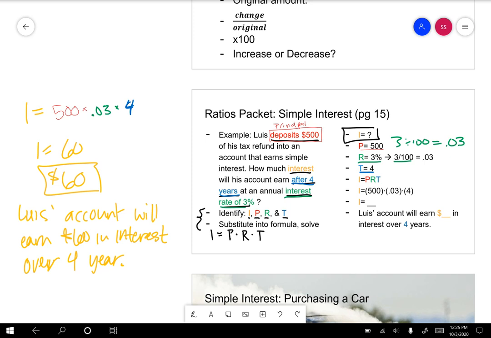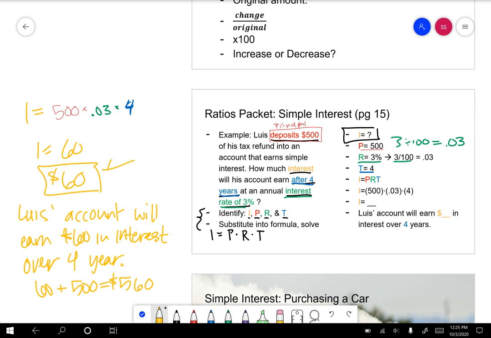In this example, the markup amount would be $60. So that's not the total markup price. The markup price would be, well, he earns $60 over 4 years, and the initial amount was 500, so the total amount he would have now would be 560.